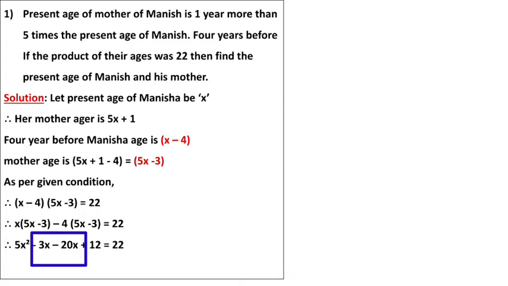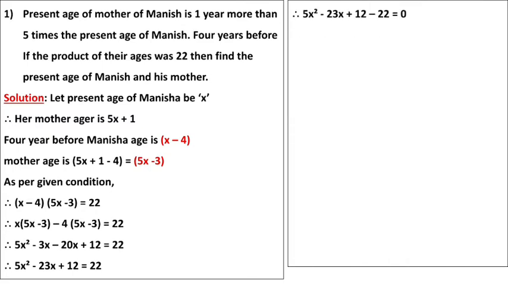So we get 5x square minus 23x plus 12 equal to 22. Because 20 is bigger, the sign will be minus 23x. Now children, 22 will come to the left side and become minus 22. So 5x square minus 23x minus 10 equal to 0.